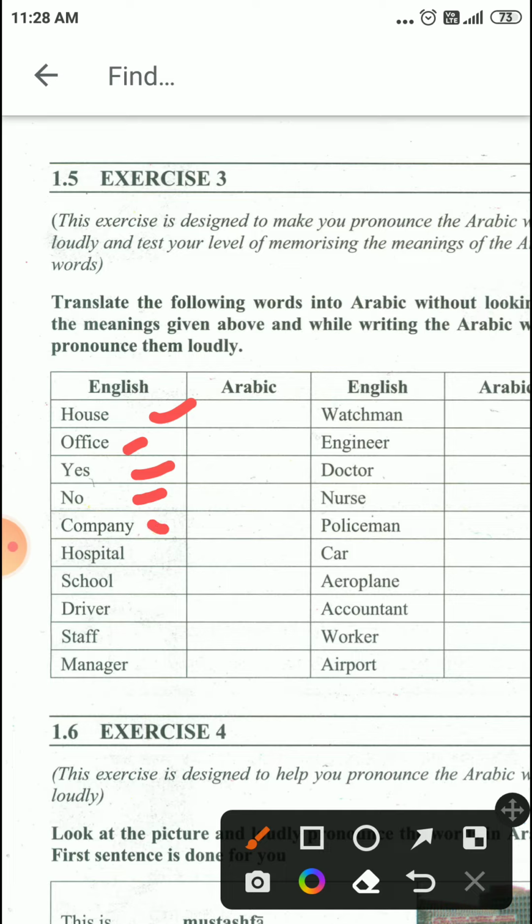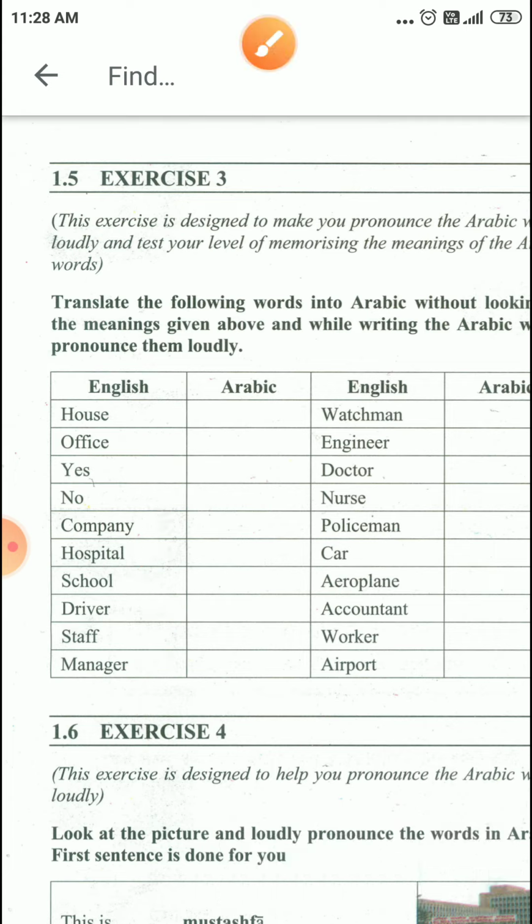Company means sharika. Hospital means mustashfa. School means madrasa. Driver means sa'iq. Staff means muwazzaf. Manager means mudir.